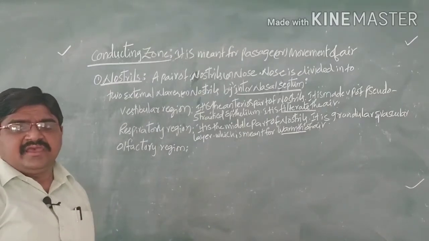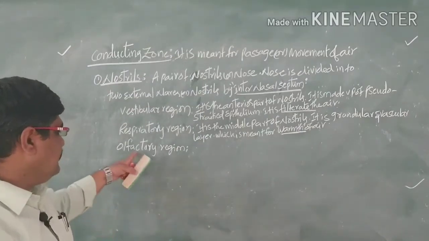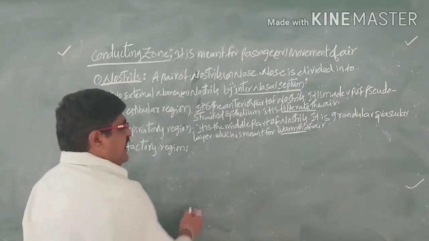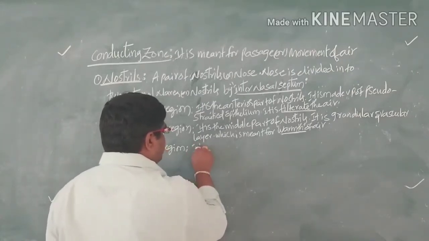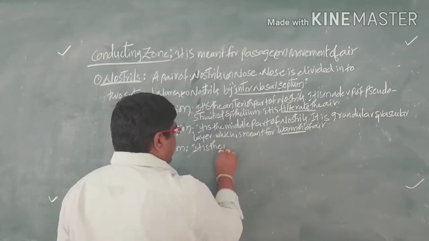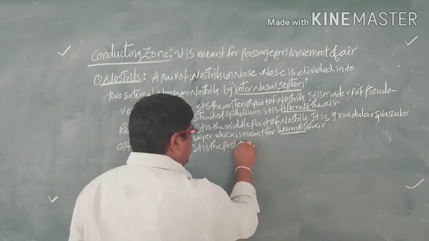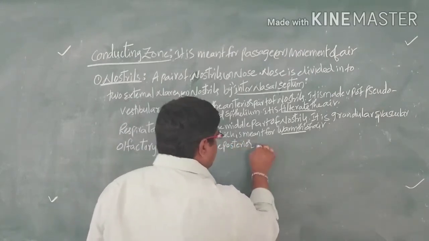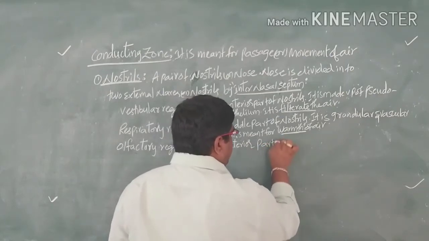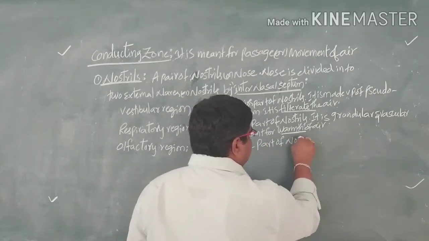And the olfactory region is the posterior part of the nostrils.